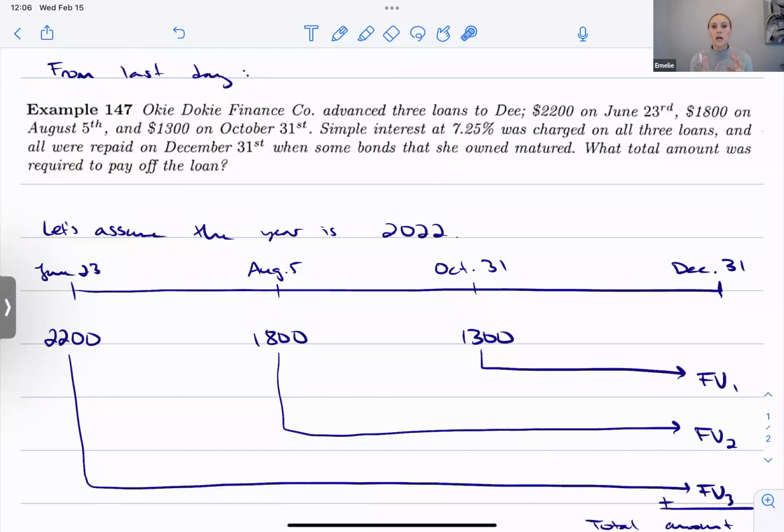So what we did kind of step by step was, well, we picked a year. Then what we did was we drew a timeline, okay? And on that timeline, you're going to have little, I call them ticks or notches or whatever you want to call them, little kind of time points for any date that's mentioned in the problem.